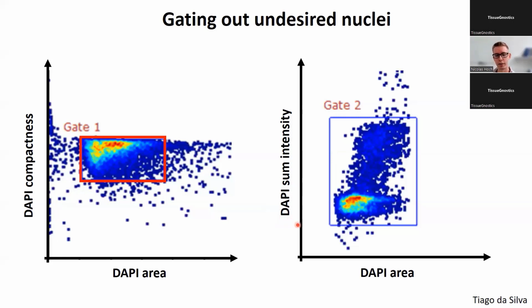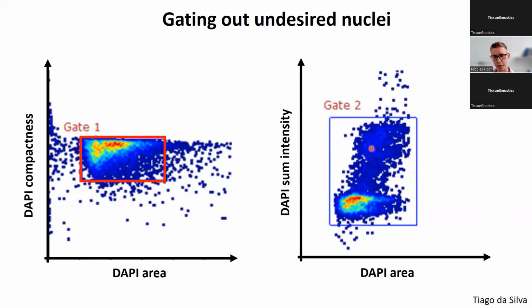And so a nucleus that hasn't been completely and correctly identified will have lower DNA content than expected, and doublet events or cells that are bigger than expected will also have more DNA than expected, and we gate those out using this gate here.